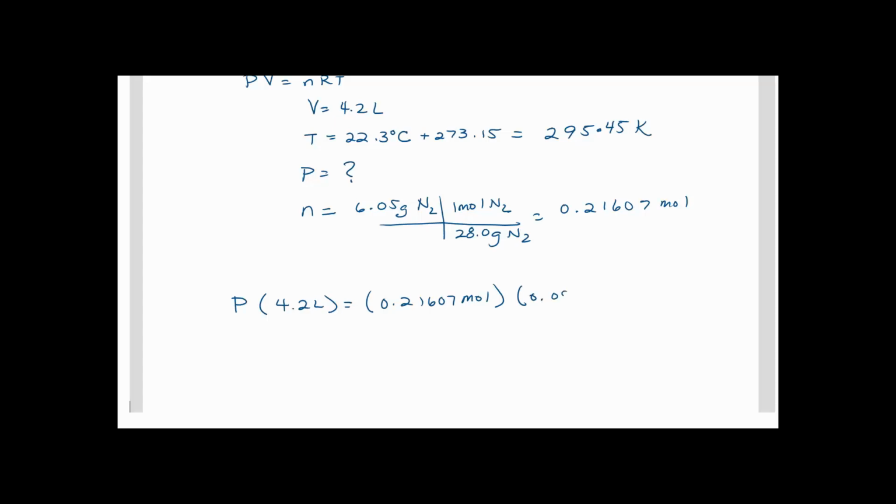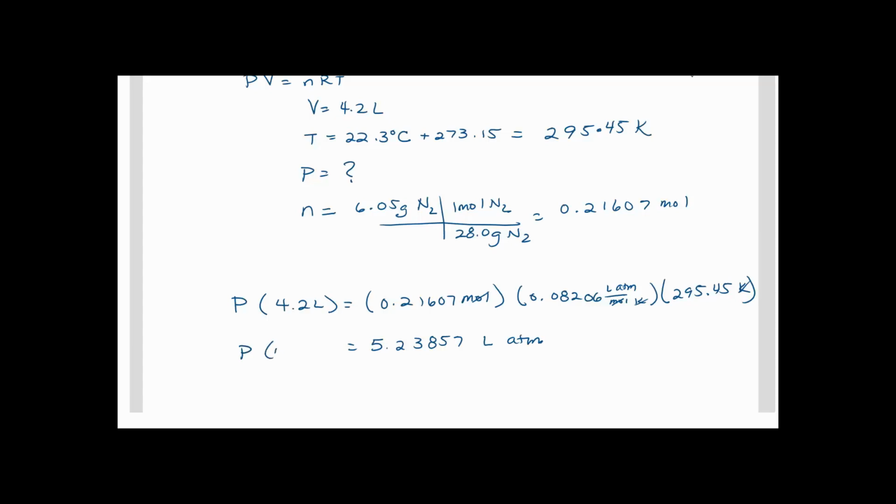R is the ideal gas constant, and that is liters atmospheres per mole Kelvin. And then T is going to be 295.45 Kelvin. So the right side of my equation, I just multiply these 3 values together. I get 5.23857. It keeps going, but watch how the moles cancel and the Kelvin cancels. So we are left with liters and atmospheres.